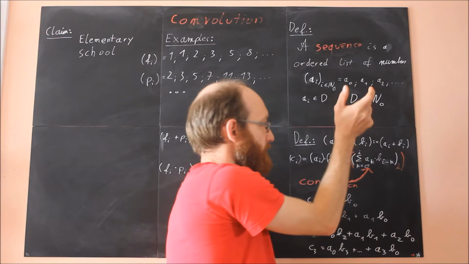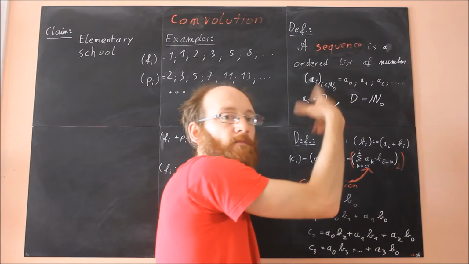We take the same positions of the two lists and we add them up.